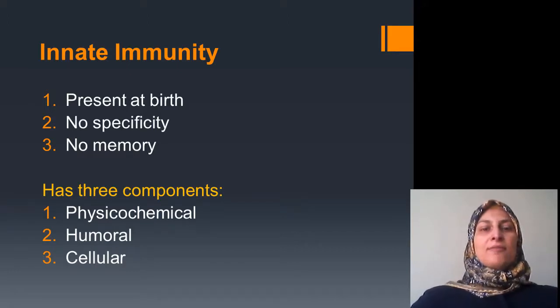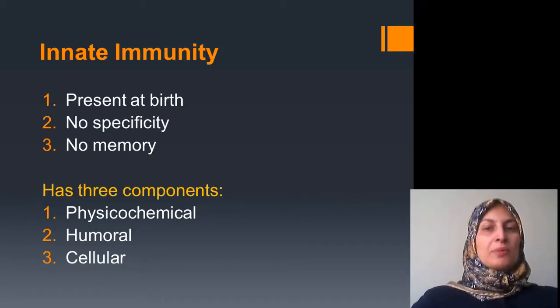It does not have the ability to recognize different types of antigens, so it has no specificity. And it does not have the ability to memorize and recognize the antigens that it has encountered before. So each time it encounters an antigen, it will follow exactly the same way in fighting that antigen. So there is no memory in this type of immunity.